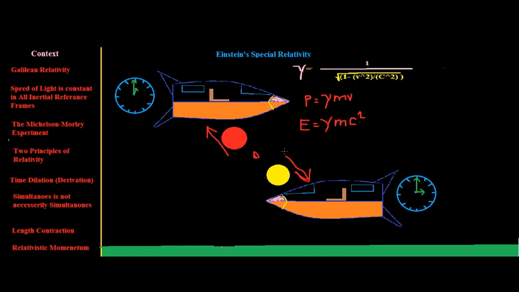This could clearly be shown in this equation, because if v in this bottom part of the equation equals the speed of light, that means this bottom part of the equation would be 0.